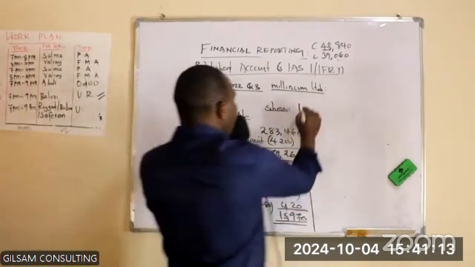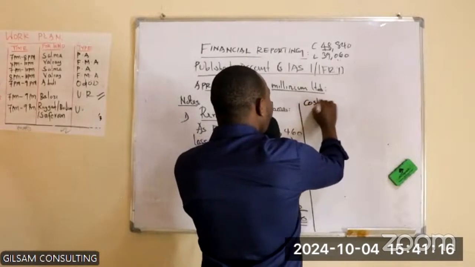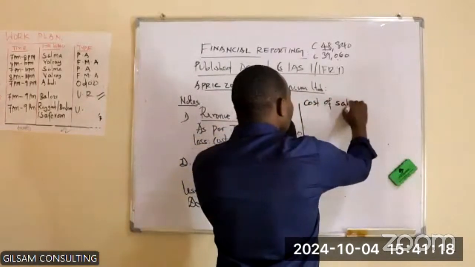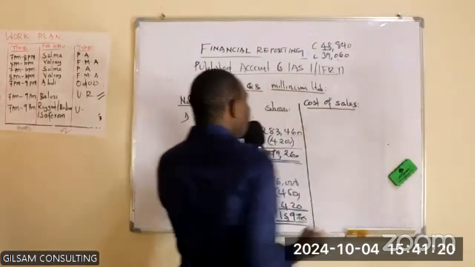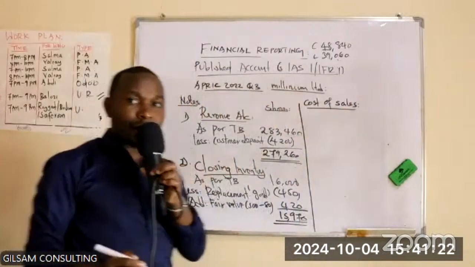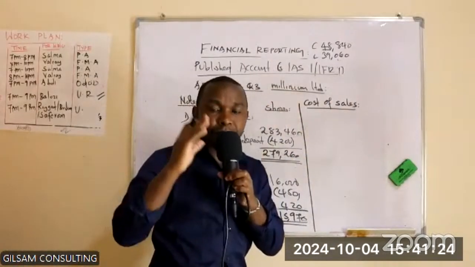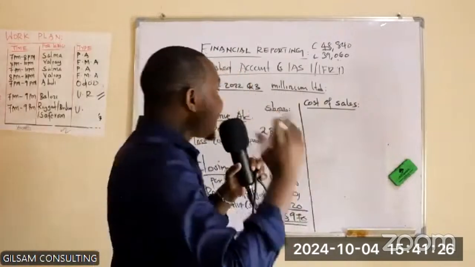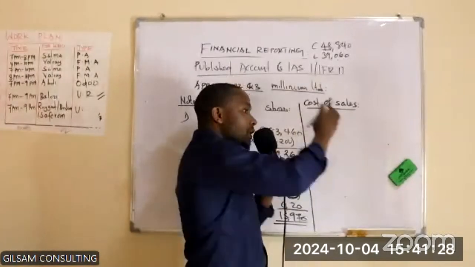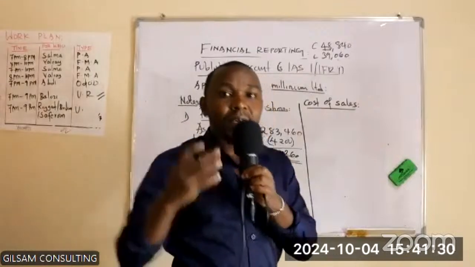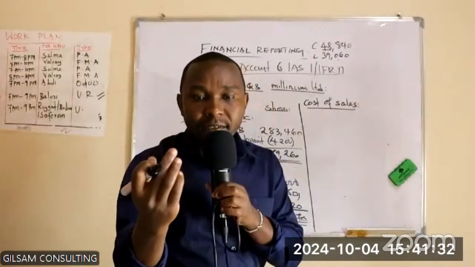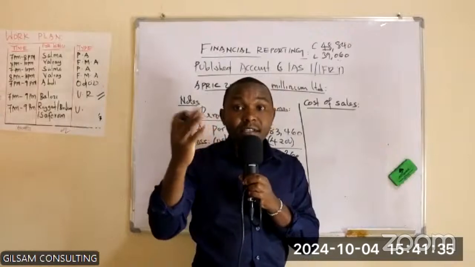So we will come here and write our cost of sales. How do we prepare the cost of sales, my good learners? We normally take the opening stock, we add the purchases, we less the drawings, also add the carriage inwards if it is there.